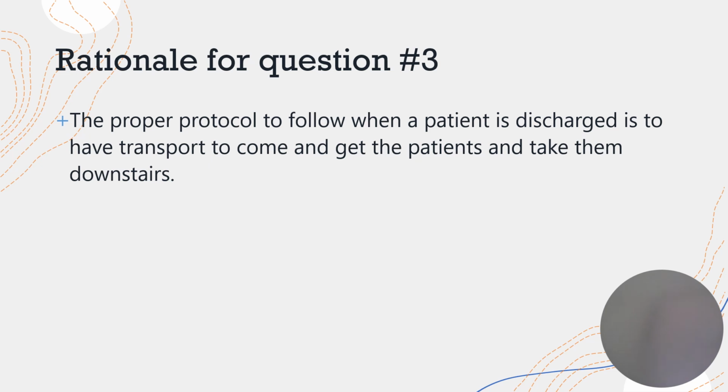This is the rationale for question number 3. When a patient is discharged from your unit, from the floor, the proper protocol to follow is to put an order in for transport.